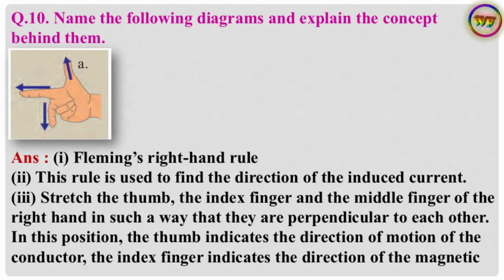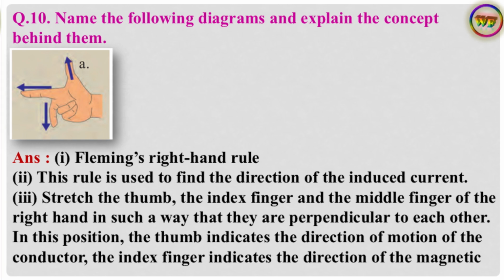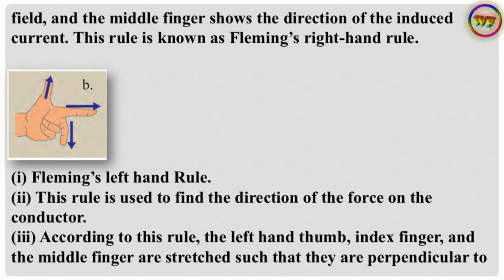In this position, the thumb indicates the direction of motion of the conductor, the index finger indicates the direction of the magnetic field, and the middle finger shows the direction of the induced current. This rule is known as Fleming's right-hand rule.